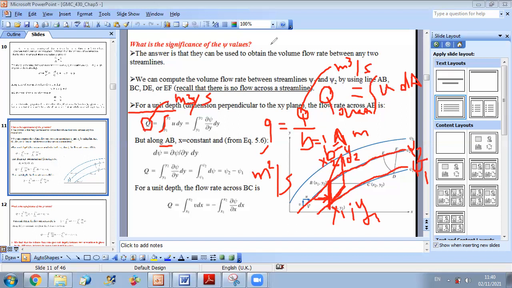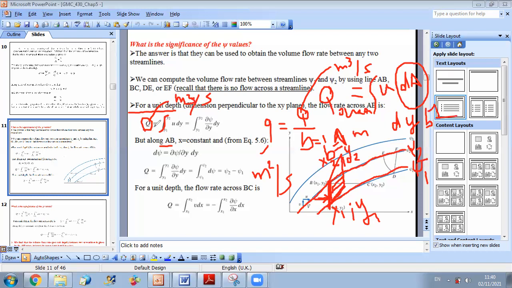So you know that dA, the elementary area here, will be dy times the depth. So I can replace dA by dy times the depth. Now, if I consider a depth of 1, because we are talking per unit depth, I replace B by 1.